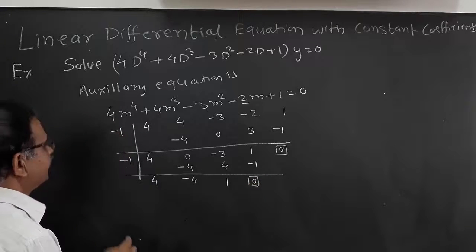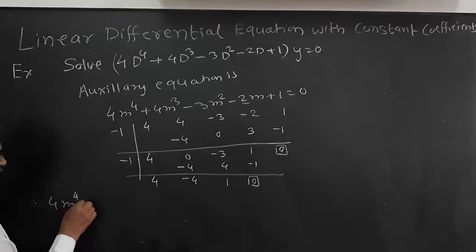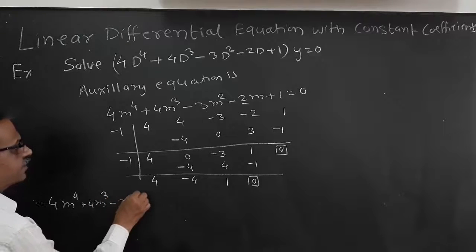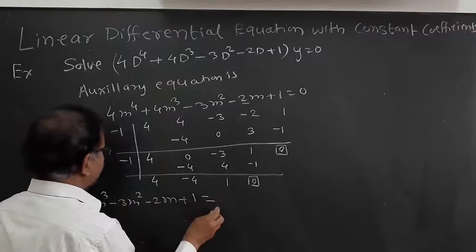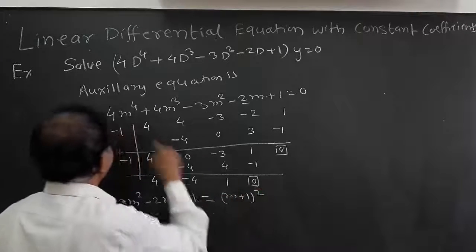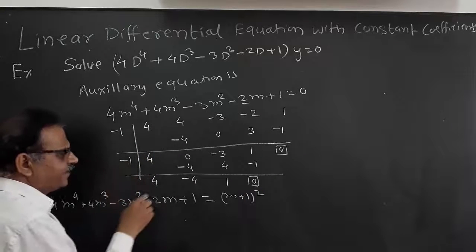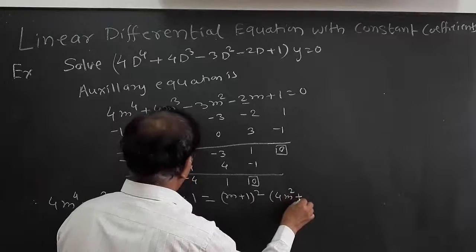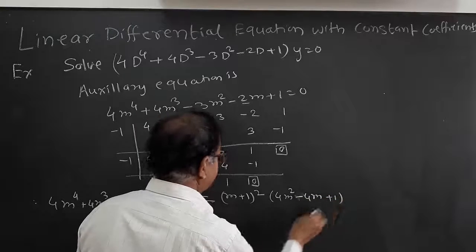Therefore 4m raised to 4 plus 4m cube minus 3m square minus 2m plus 1 equal to m plus 1, 2 times. m equal to minus 1 is here. Therefore m plus 1 square into 4m square minus 4m plus 1.